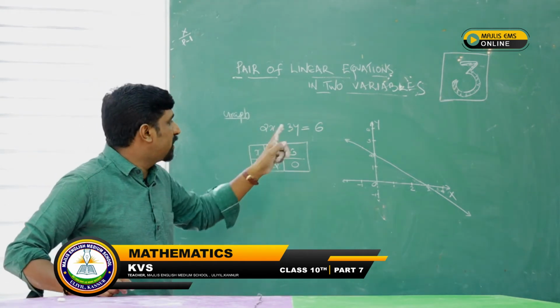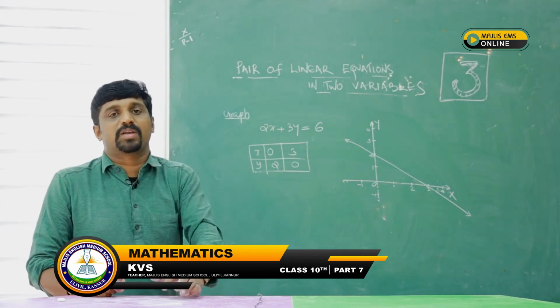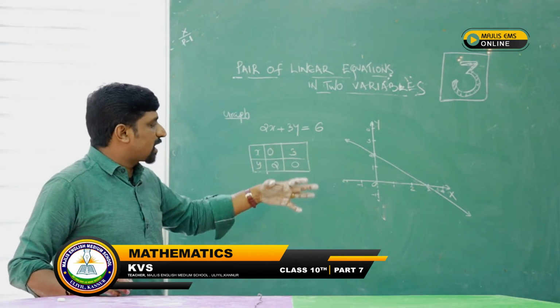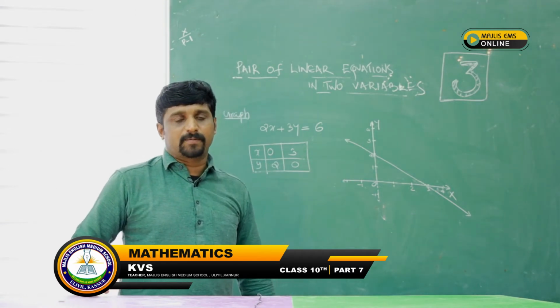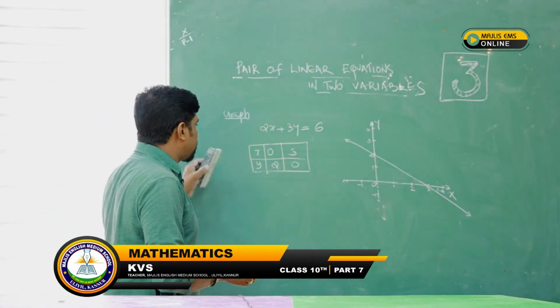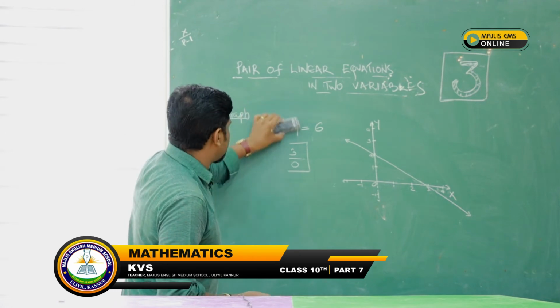Here I consider only one equation, 2x plus 3y equal to 6. Therefore, this is the graph of a linear equation in two variables. Always we got a straight line when we draw the graph of a linear equation in two variables.